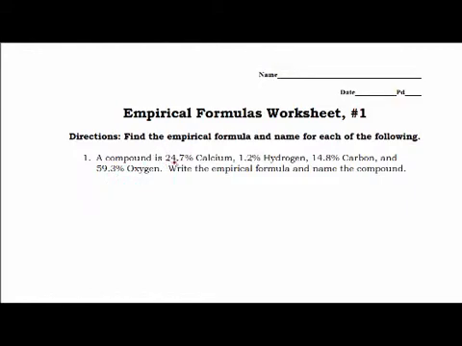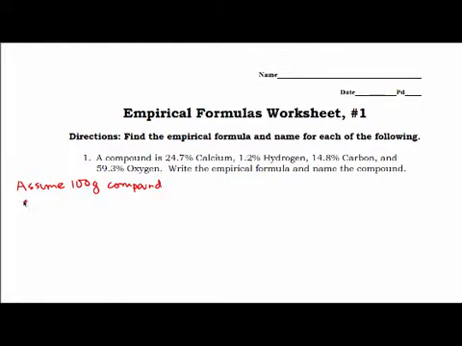A compound is 24.7% calcium, 1.2% hydrogen, 14.8% carbon, and 59.3% oxygen by mass. Write the empirical formula and name the compound. Okay, following our stepwise sequence, our first step is to assume you have 100 grams of the compound.